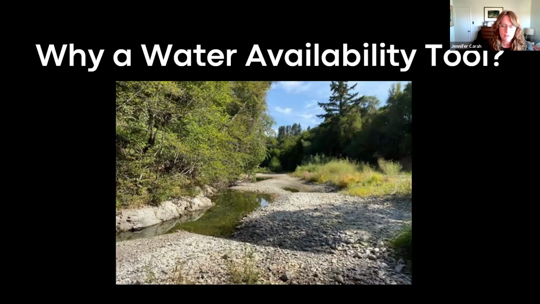And in a lot of these watersheds, though water might be plentiful in the winter, water demand is typically in the dry season, and that often exceeds the limited supply at that time. So we end up with conditions like are shown here with disconnected pools.